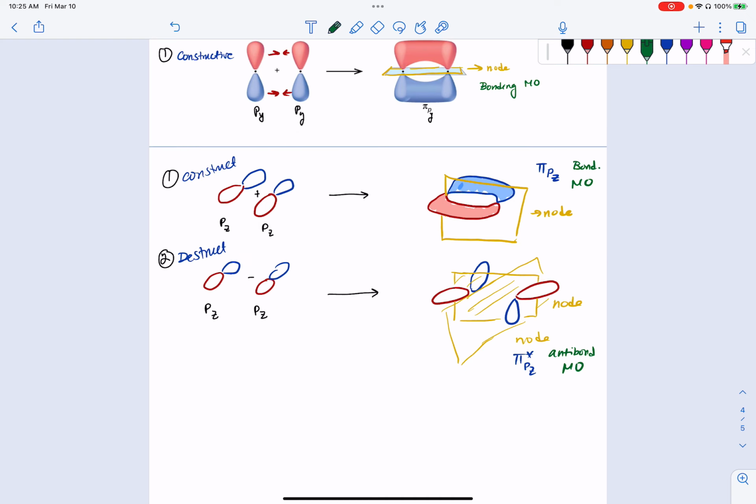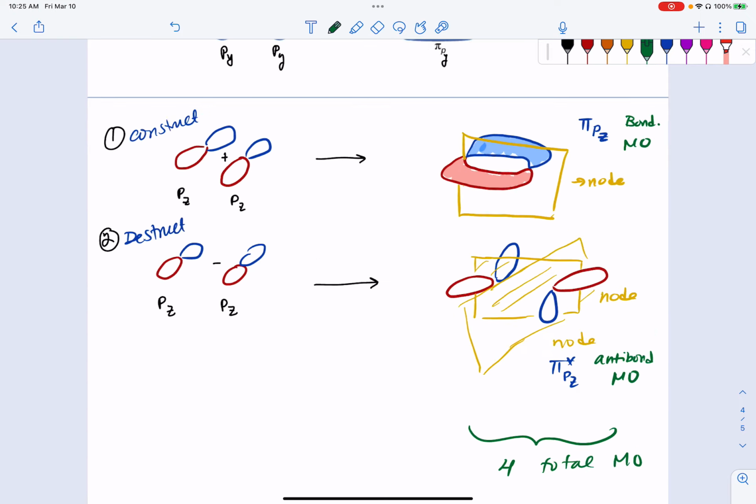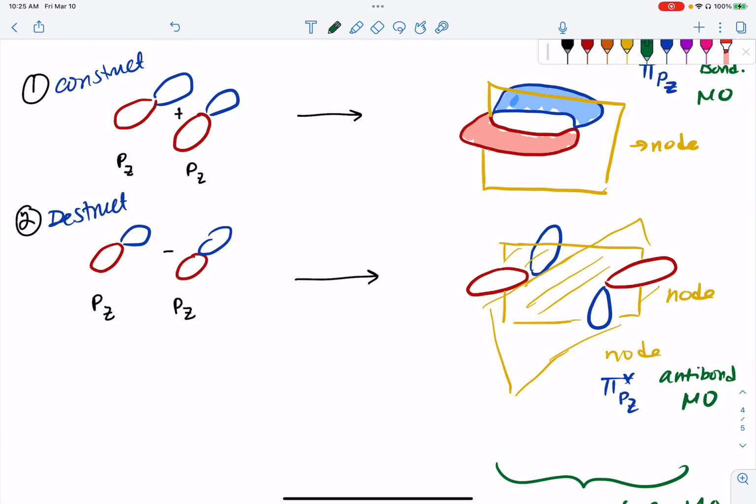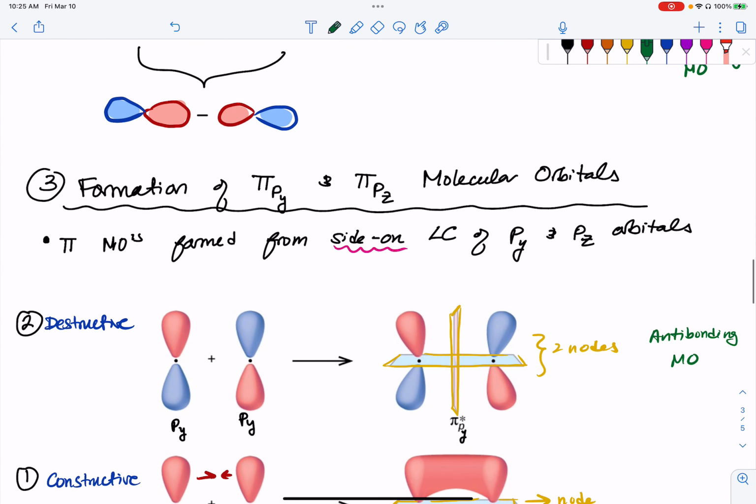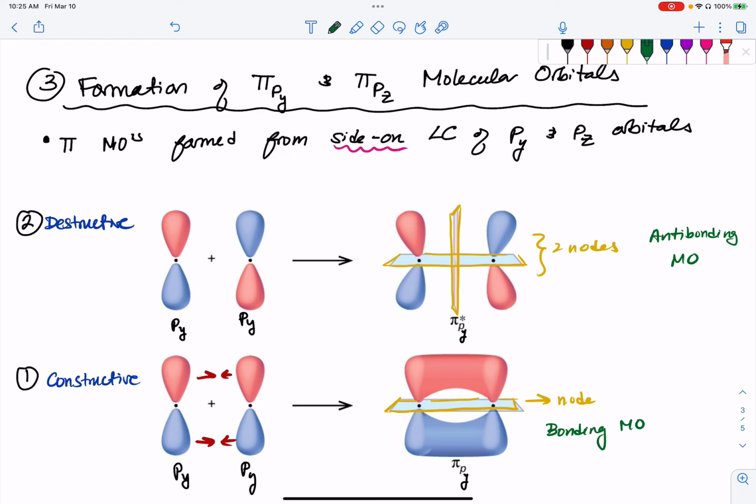So we have created 4 total molecular orbitals from our side-on linear combinations of our py and pz orbitals.